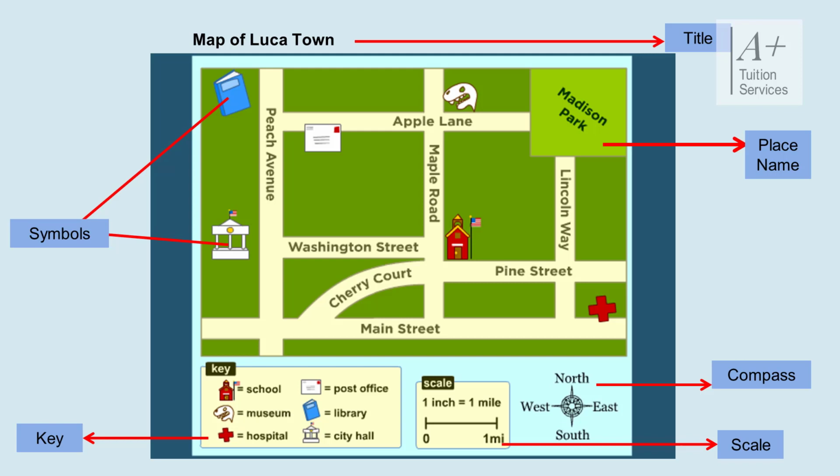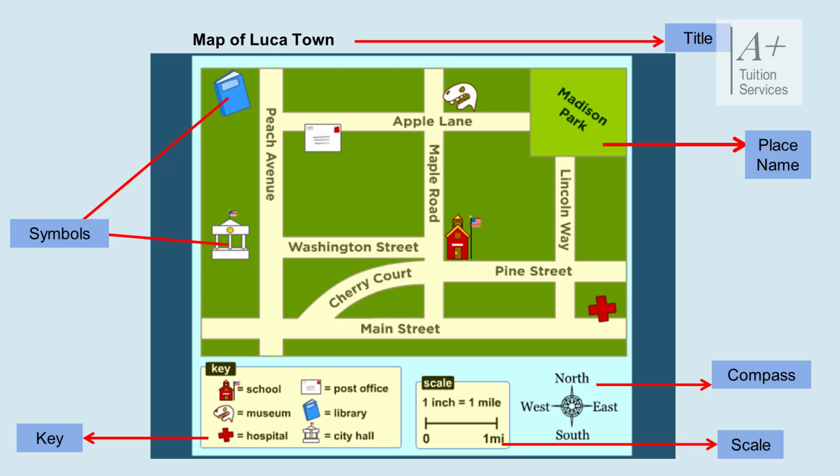So we use the compass, and again there's a scale, a place name, a title, and the symbol, the key. So key things to note in this map: there's a title, a place name, compass, scale, key, and symbol.